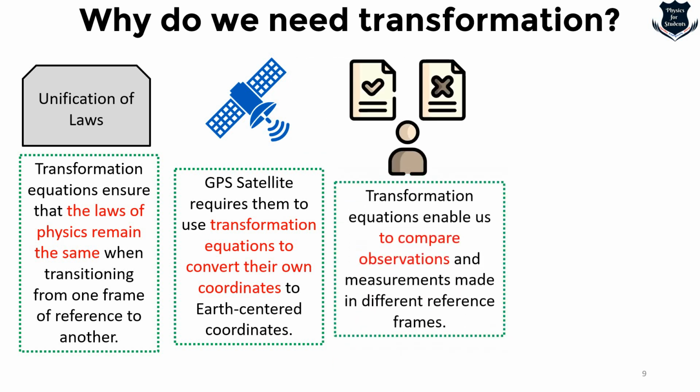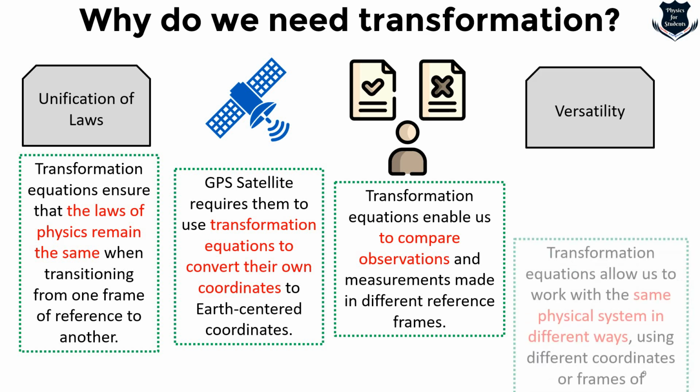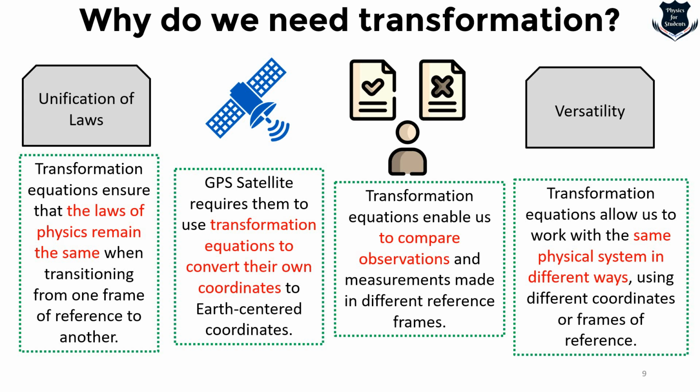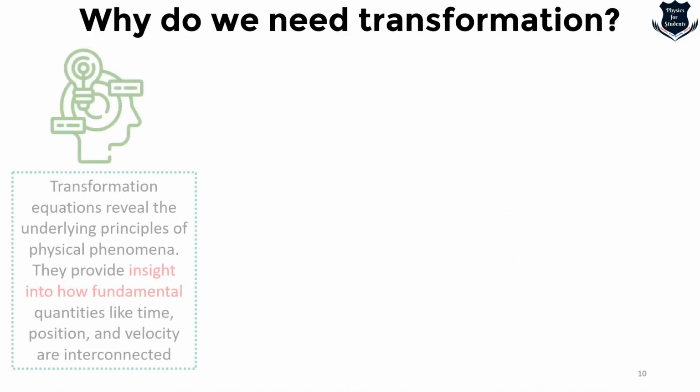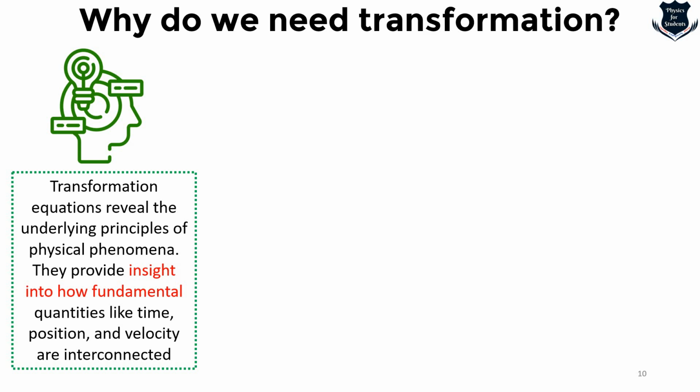We also found that the transformation equations enable us to compare observations, and there is a unique versatility in describing the same physical system using different coordinates or frames of reference. These are also required because transformation reveals insight into physical phenomena.